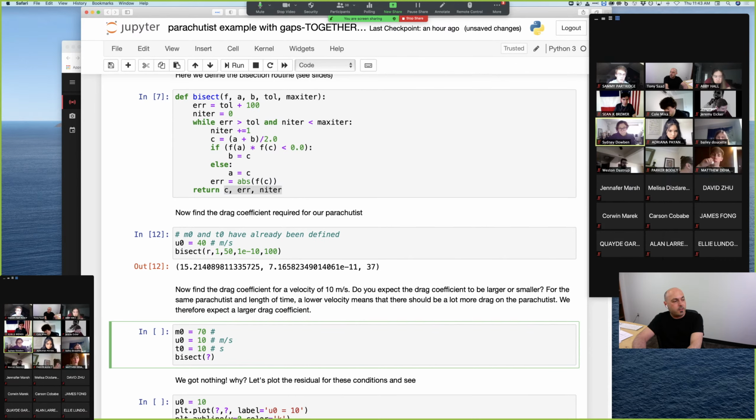What should my drag coefficient be? Go ahead and punch in some numbers. Keep your tolerance at 10 to the minus 5 and put a number of iterations of 100. Just punch in a couple of numbers, okay? Let's stick with the 10, 20 bracket, and let's see what happens. Any takers?